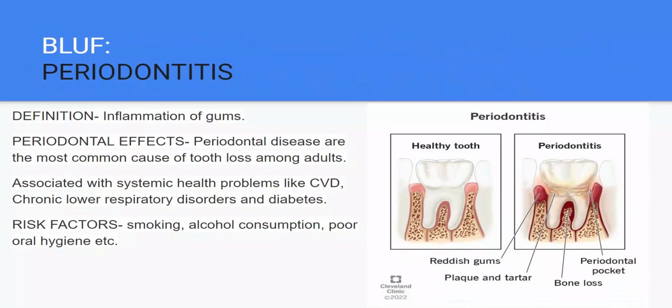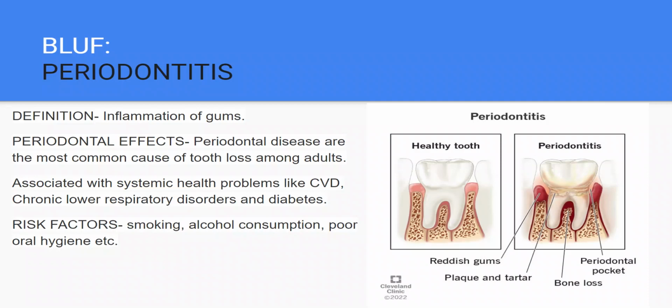Also, it can be related to systemic health problems like cardiovascular diseases, chronic lower respiratory disorders, diabetes, and other heart related diseases like endocarditis, and it can even lead to the life threatening disease Ludwig's angina. So it's a very prevalent disease, and we should think about the control of periodontitis.